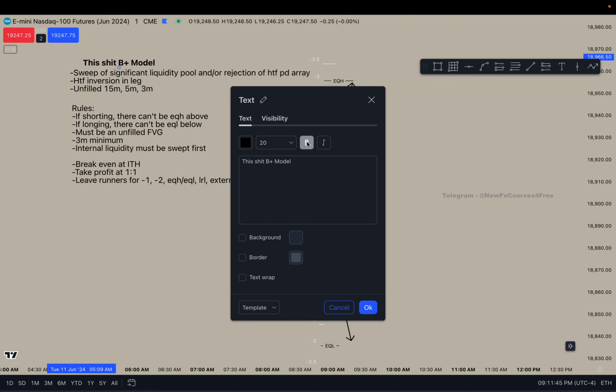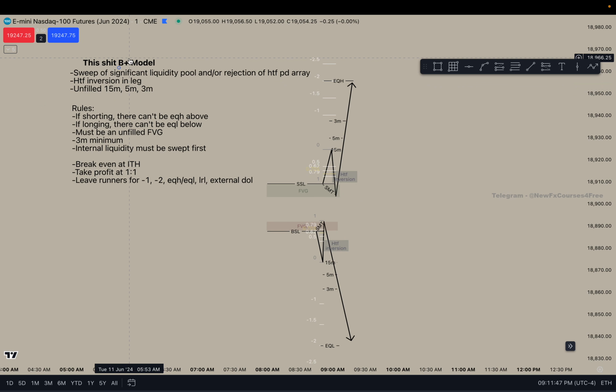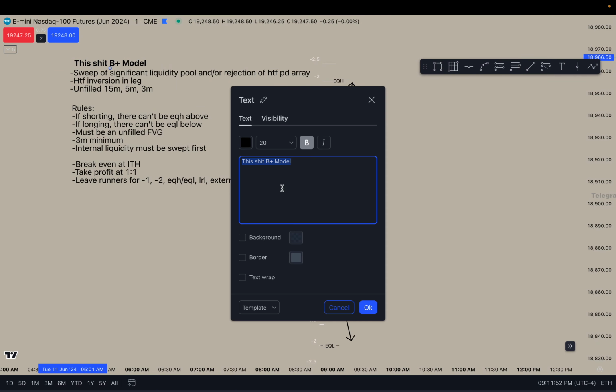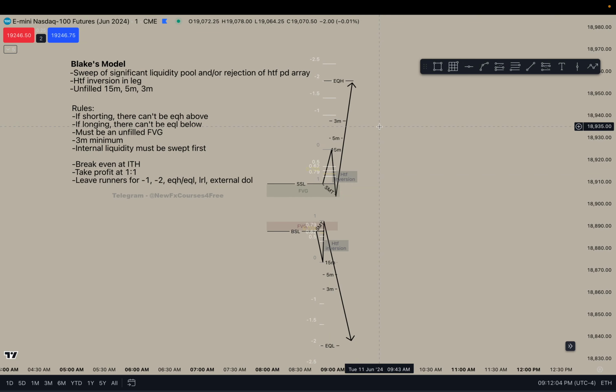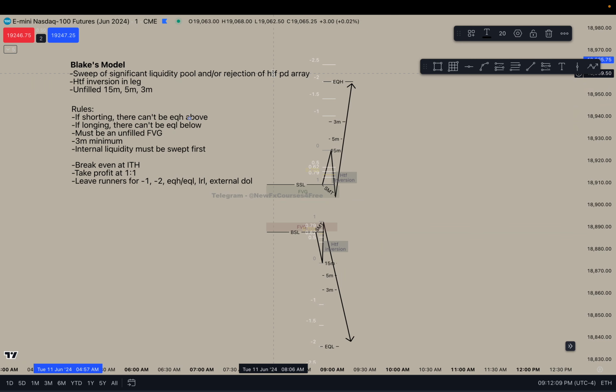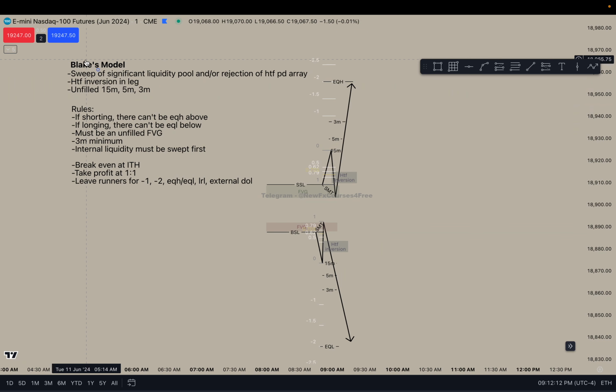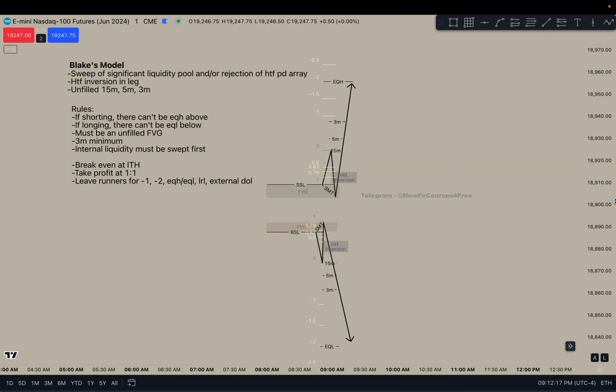This B plus model, that's the model. Come up with a name for it after. Fuck the trend model. I think Blake's model just has a lot of aura to it. I don't think there needs to be much else. You know what I'm saying?